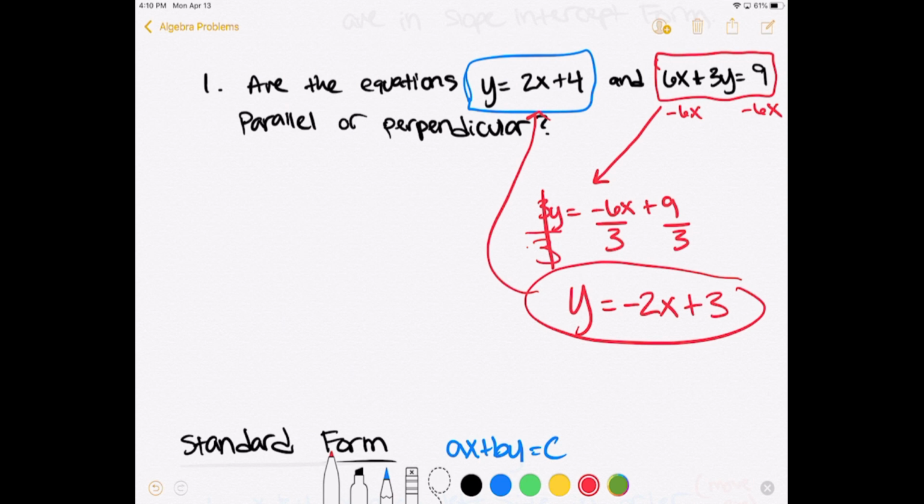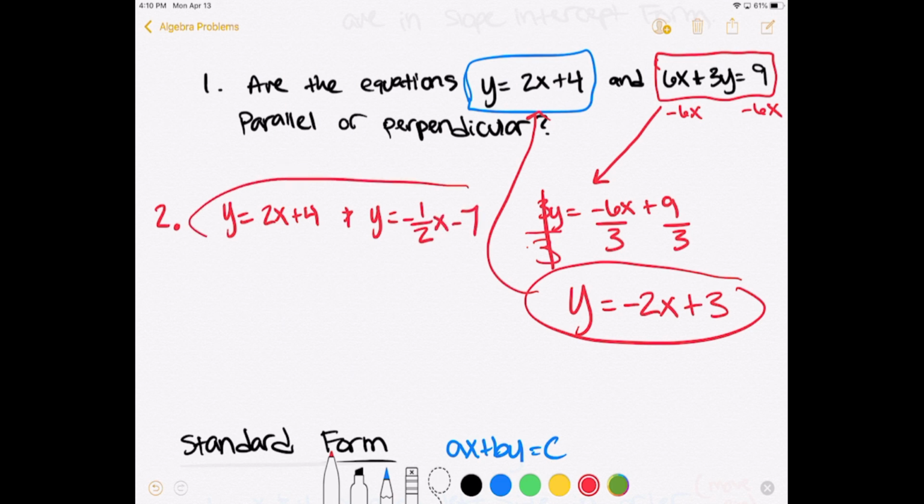So let's make another quick one over here, a little side problem. Let's say we had y equals 2x plus 4, and we had y equals negative 1/2 x minus 7. These two equations would be perpendicular, okay?